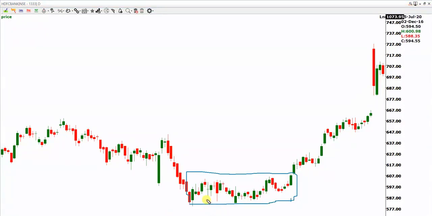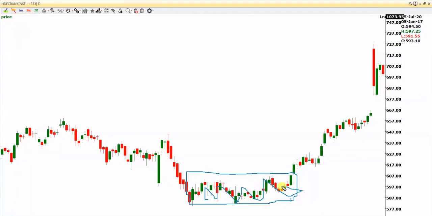Now when it starts to trade sideways, this is the time when in the media or social media there will be talks going on that yes, the stock is going to correct again.